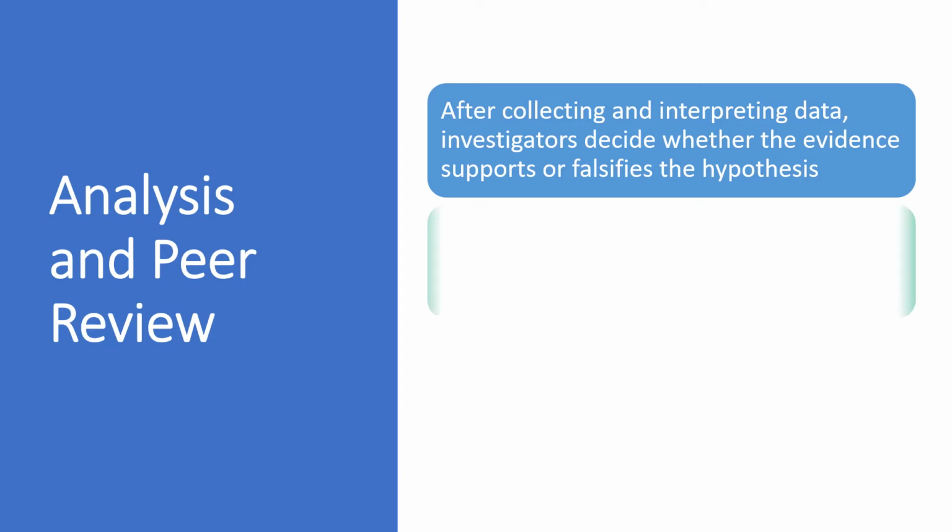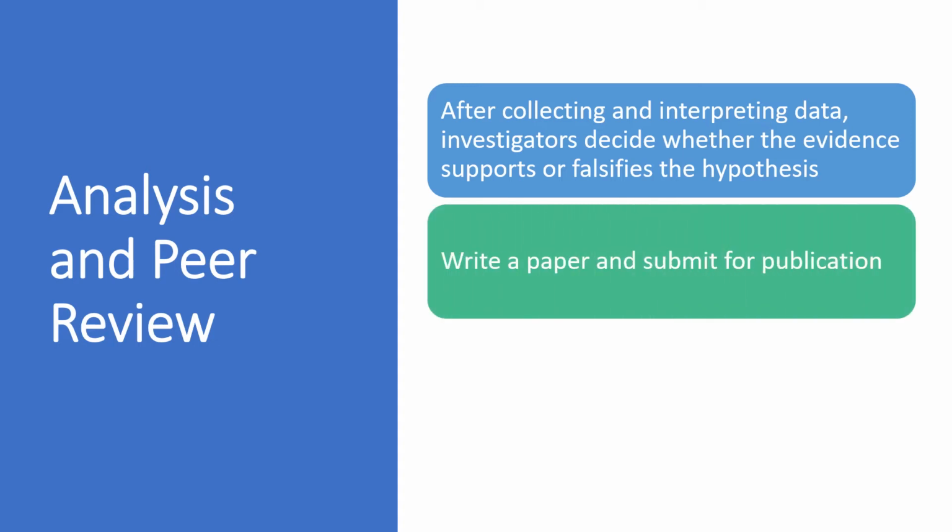Now, once a scientist has enough evidence to support or reject a hypothesis, he or she may write a paper and submit it for publication in a scientific journal, which you should look forward to because in term three, you all will be working on a research proposal.